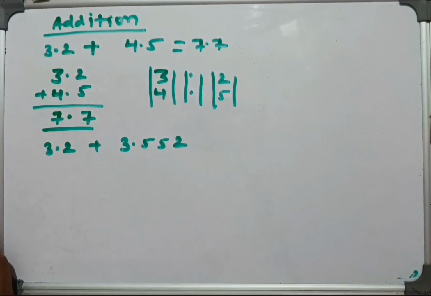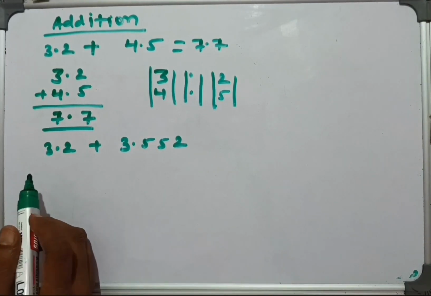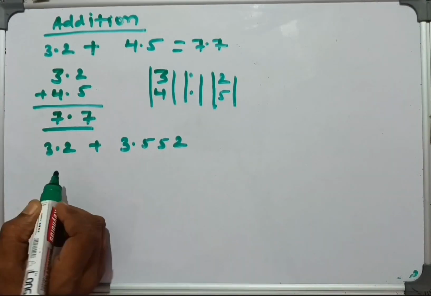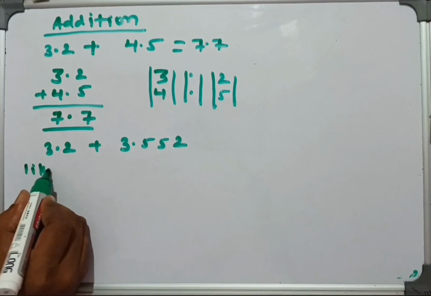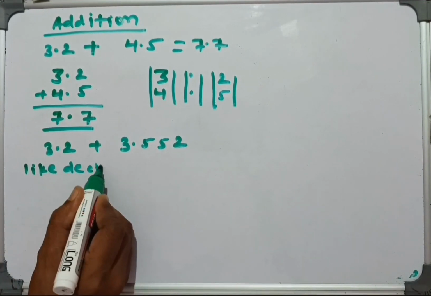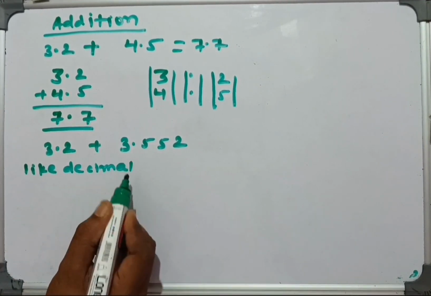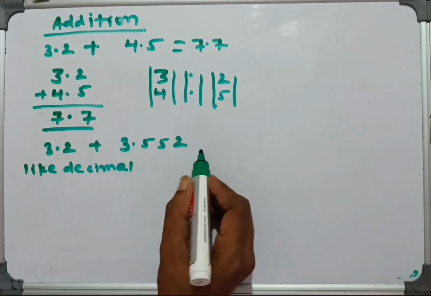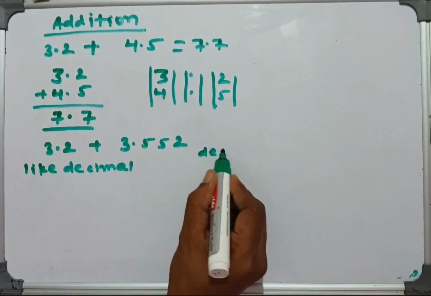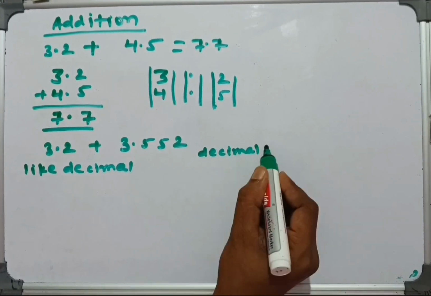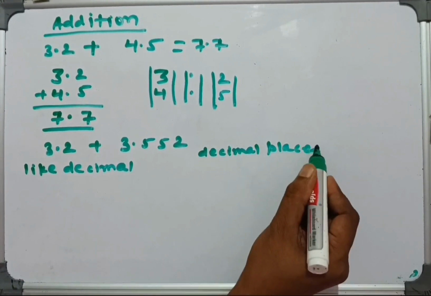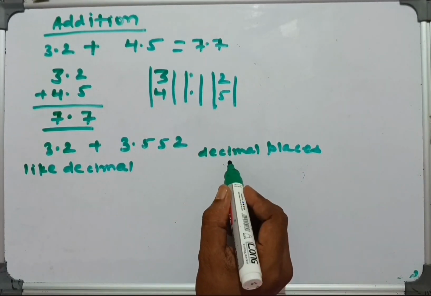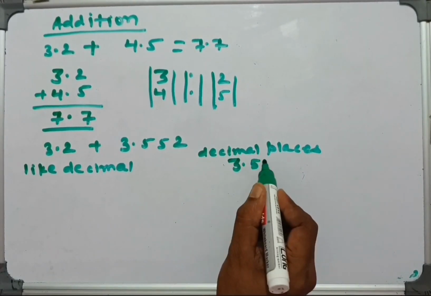Now guys, suppose somebody has given you two numbers to add, 3.2 and 3.552. How could you make this addition? Here you have to know the definition of a like decimal. After the dot, the digits are called decimal places. See this one.